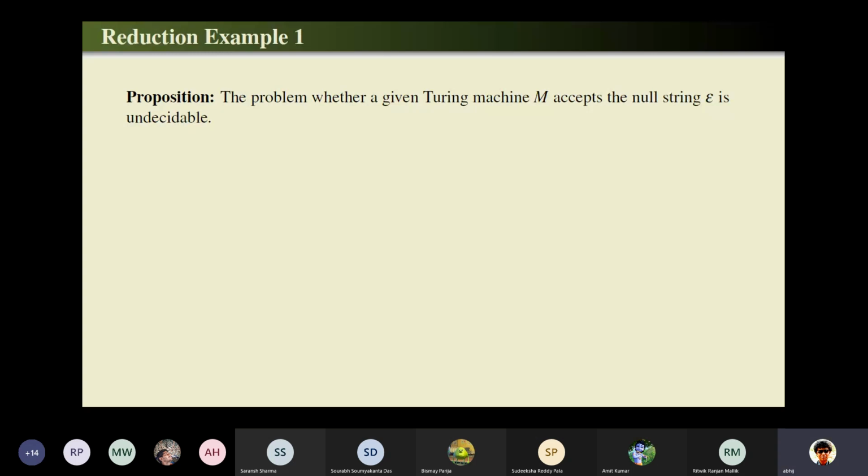I am given an encoding of a Turing machine, and I am not asking the question whether M halts or not on some input X. I just take a fixed X like epsilon. And the question is now a much more specific question.